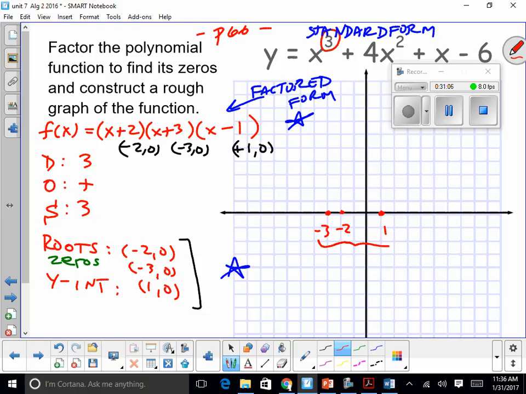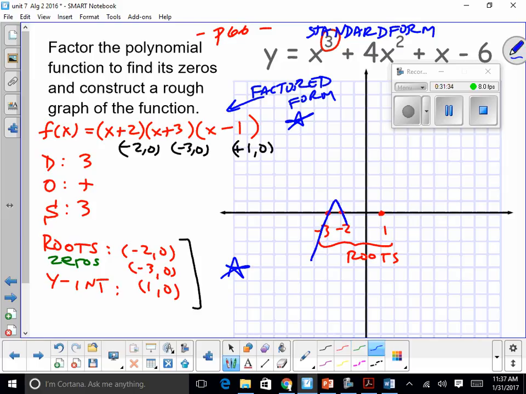Don't mess with those. Those are actually extrema. And end behavior is right there.